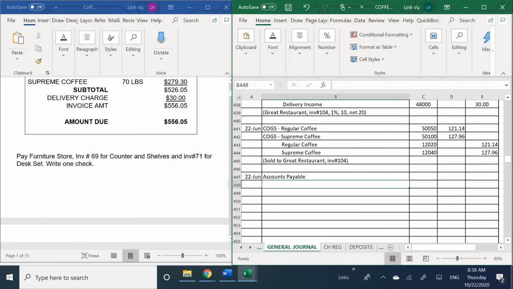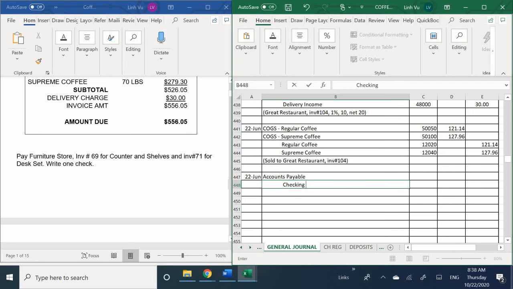I had a question because I was looking at it after class yesterday. I said what Adina just said, but how come we didn't do anything like credit for the counter and the display shelves and the desk set? Okay, so we're not getting rid of our items. That's what you would do when you credit it. From a long time ago, I believe on the 10th of June, we debited our account.